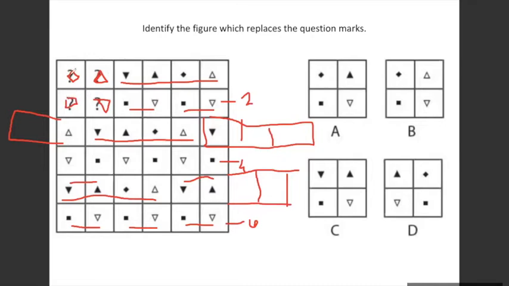This is filled, and others will be not filled. And this will also be filled, sorry. Agree, everybody? So the correct option is option B.